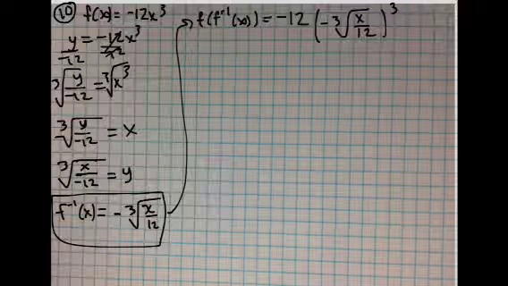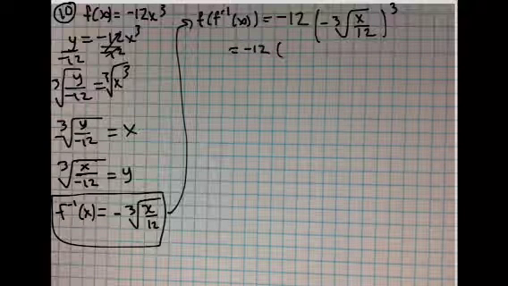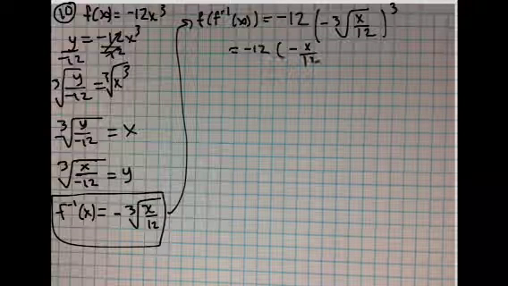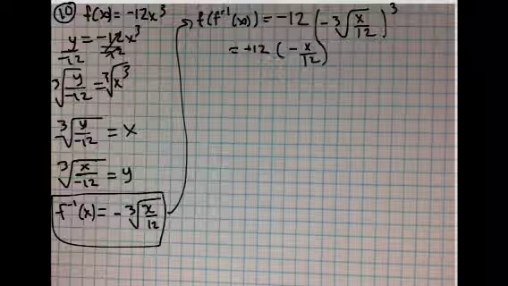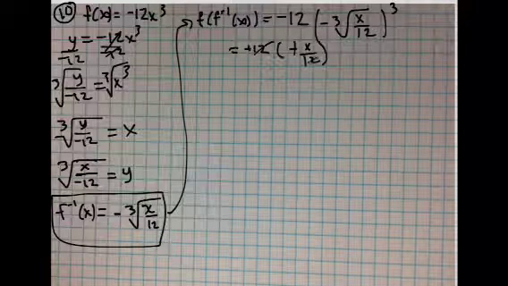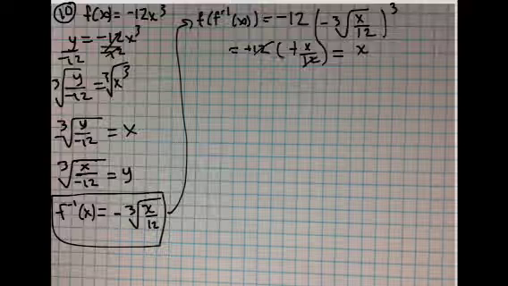So when you take the cube root of a cube function, or the other way around, the cube of a cube root function, you actually eliminate the radical. So this gives you negative 12 times negative x over 12. So the negative times the negative is positive, and the 12 over 12 is 1.